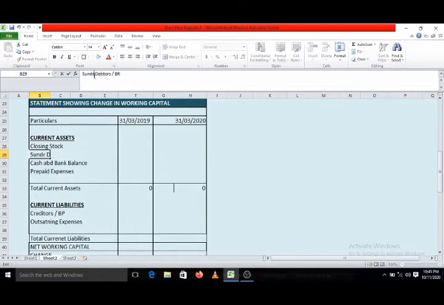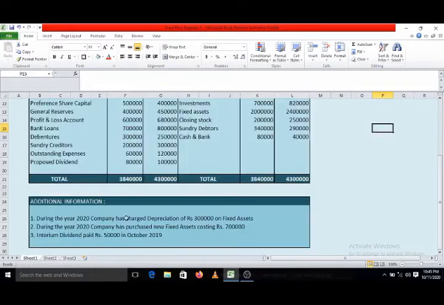In current liabilities, creditors or bills payables and outstanding expenses. So now we'll prepare this working note first.